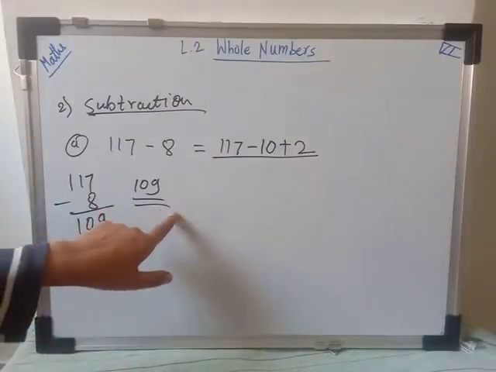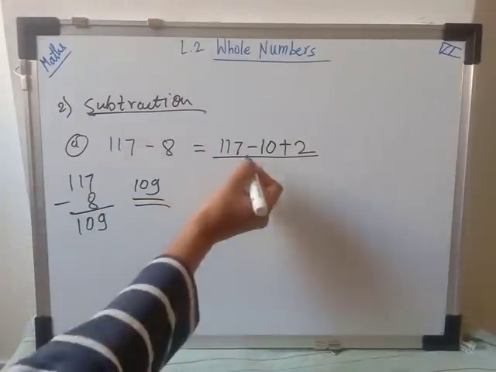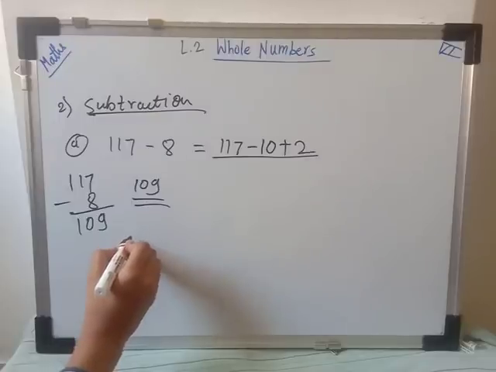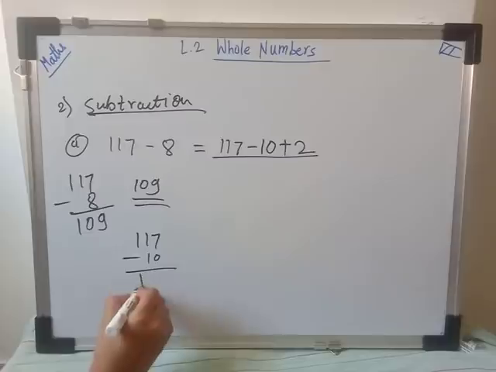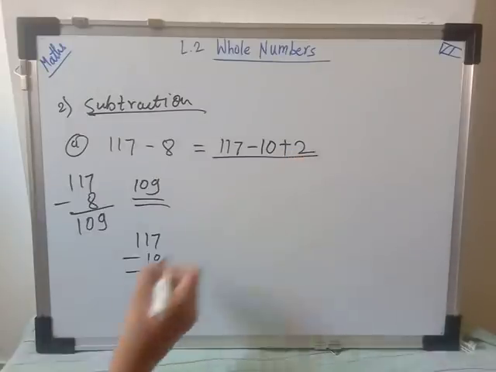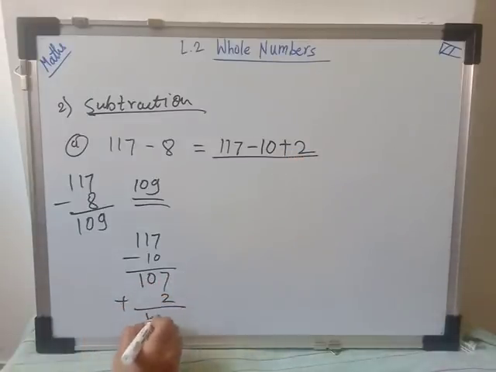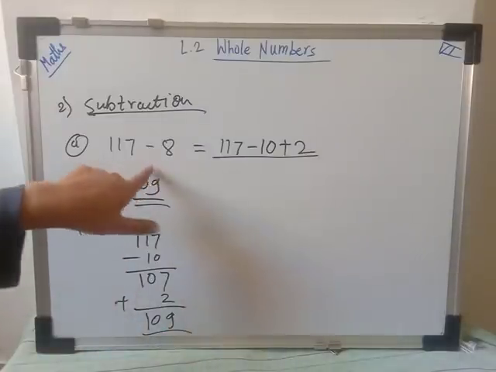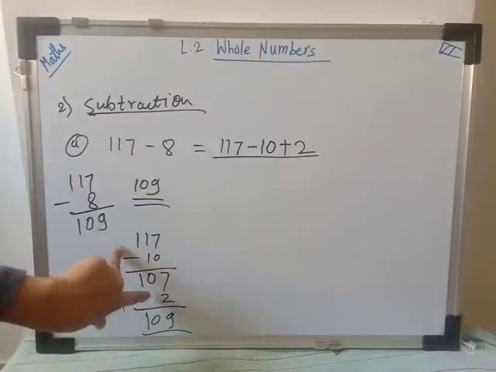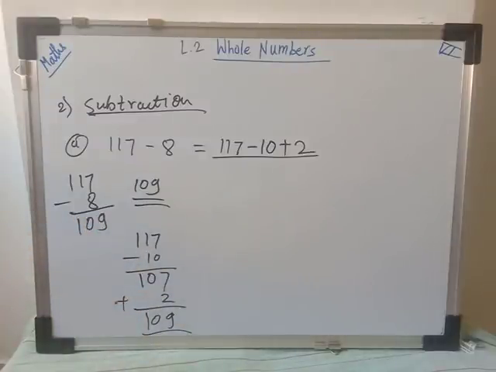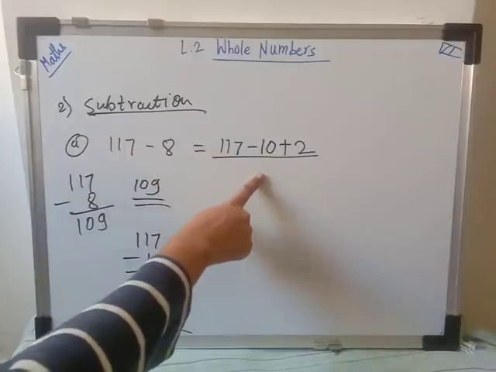If I do 117 minus 10 is equal to 107, and plus 2, again I am going to get 109. So if you are arranging in a different pattern, still the value should be the same. Here we have made one pattern for these two numbers in this way.